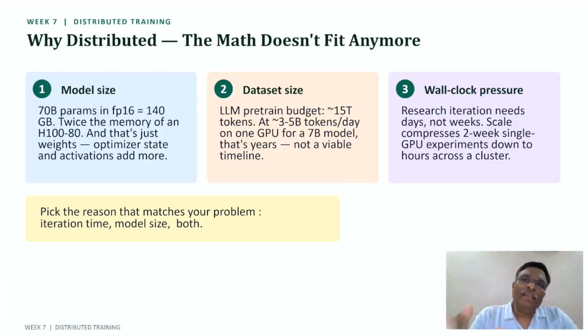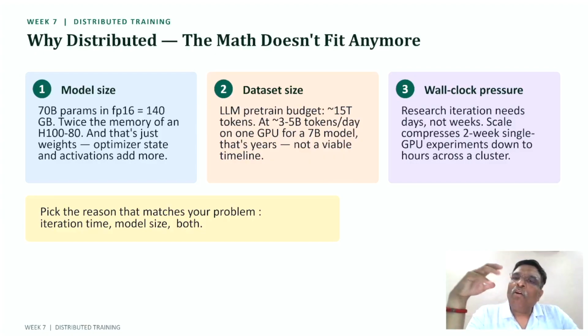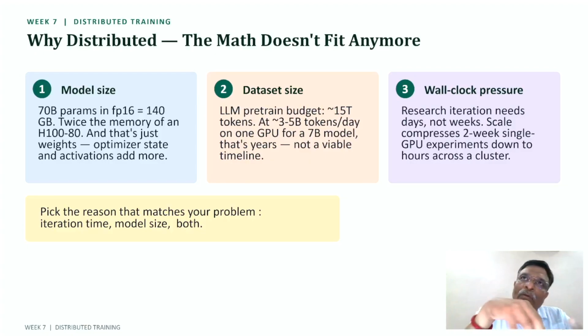Gradually, the model sizes are increasing, and the hardware is becoming short of the memory required. The dataset size is also increasing, and the wall-clock pressure, in a sense the time required to do the testing, the research, the iteration, is now condensed to hours, days, and not weeks.